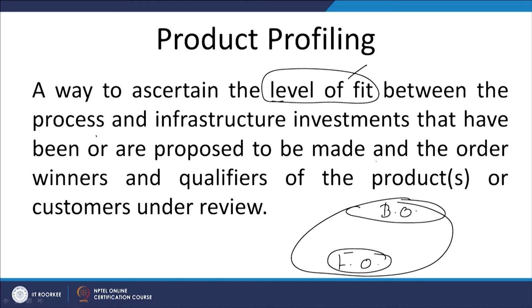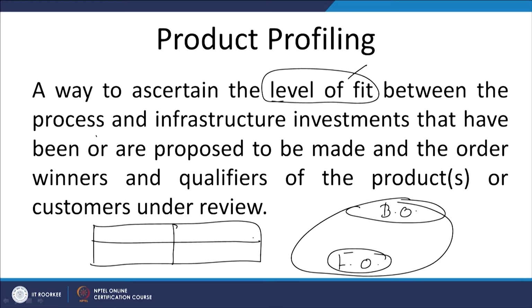So, this type of table will help us in understanding that on one side you have your products or customers, and on the other side you have the choices of infrastructure investment.